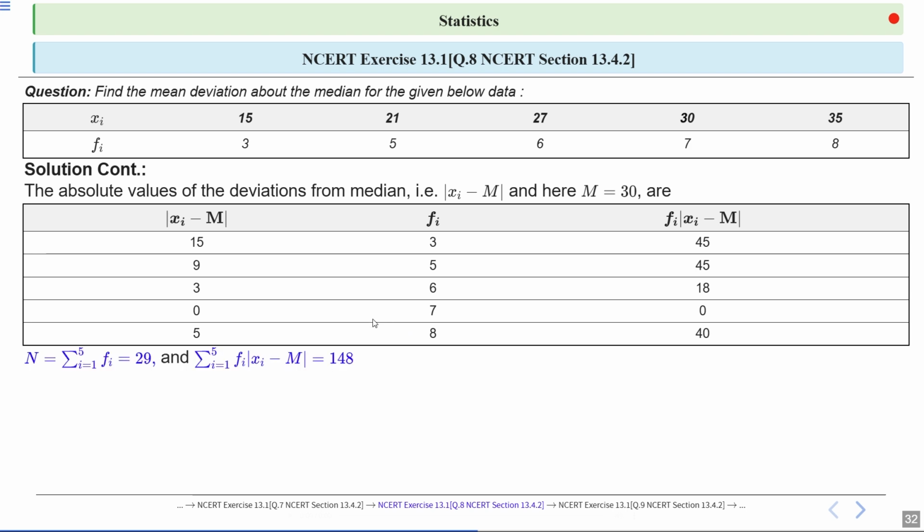Now let's sum up the frequencies and the products. The total frequency n is the sum of all fi, where i equal to 1 to 5. So n equal to 29, and the sum of fi multiplied with the absolute value of xi minus m is 148. These totals are important because we will use them to calculate the mean deviation in the next step.